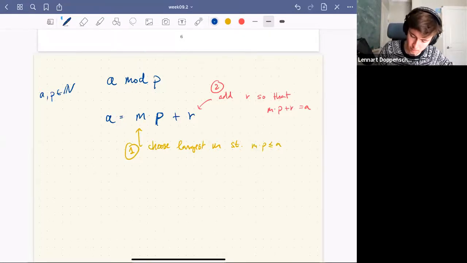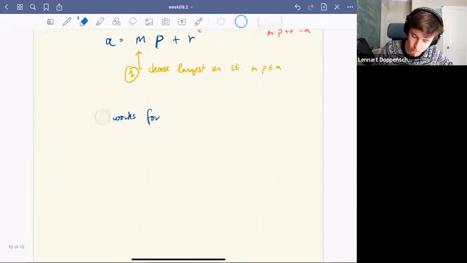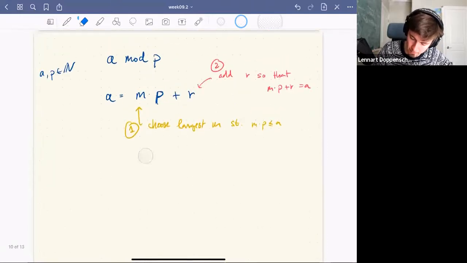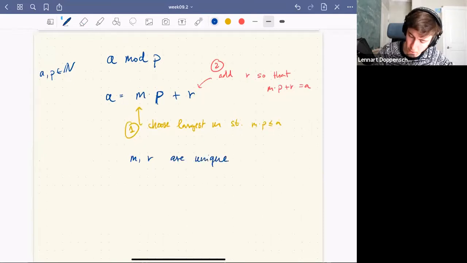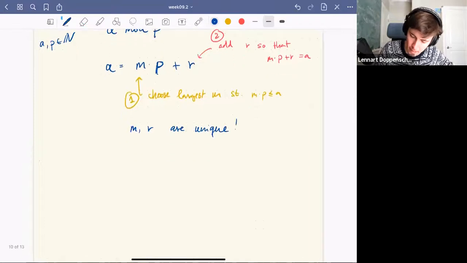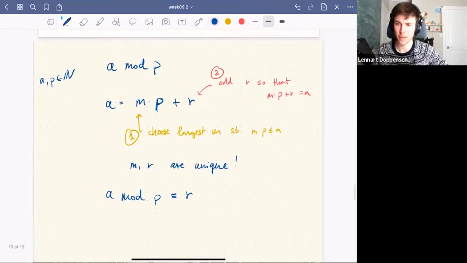So m and r are unique. And then a mod p is equal to r, exactly, this rest.